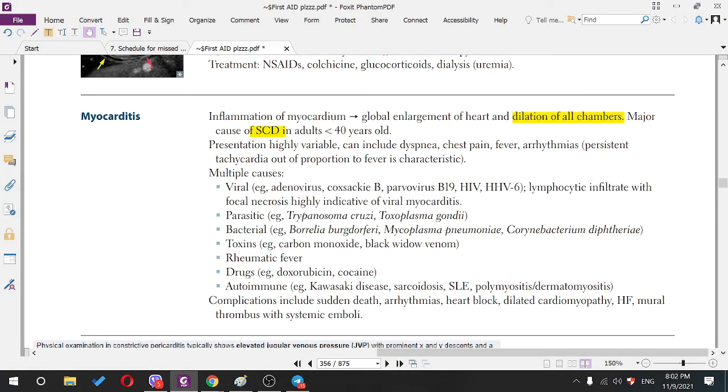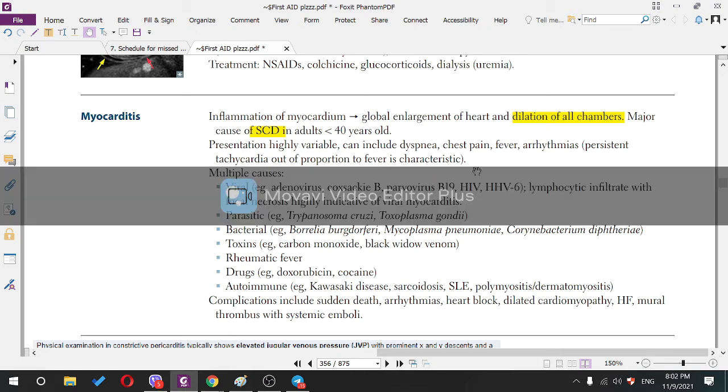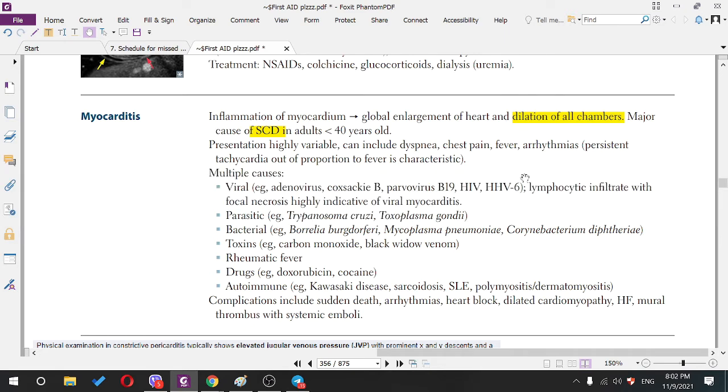Presentation is highly variable. It can include dyspnea, chest pain, fever, and arrhythmia, which includes persistent tachycardia out of proportion to fever and characteristic. What does that mean? Guys, does fever lead to bradycardia or tachycardia? If someone has fever, will he have tachycardia?